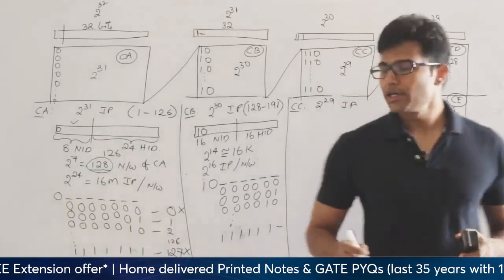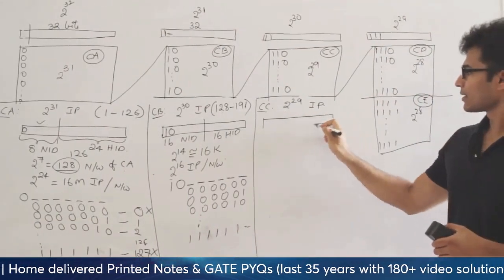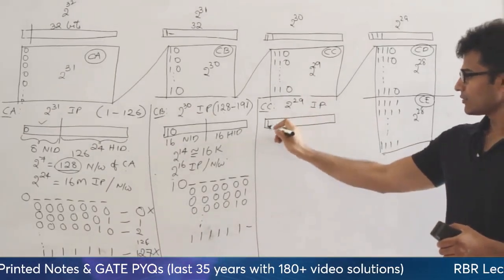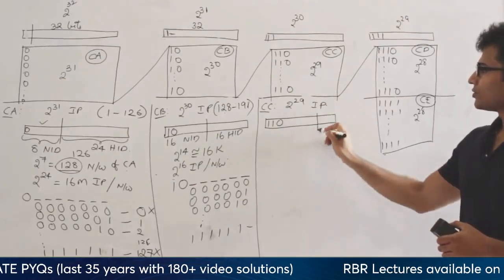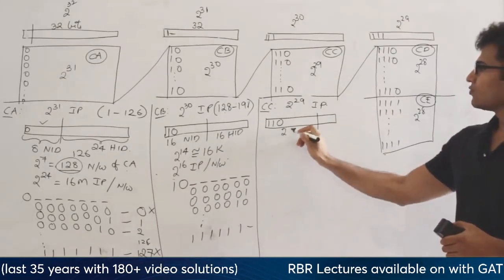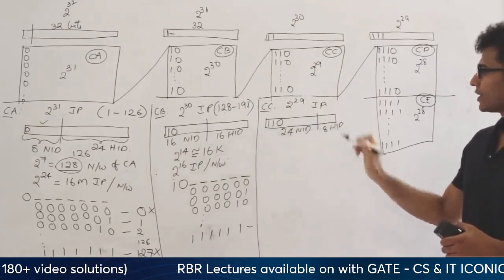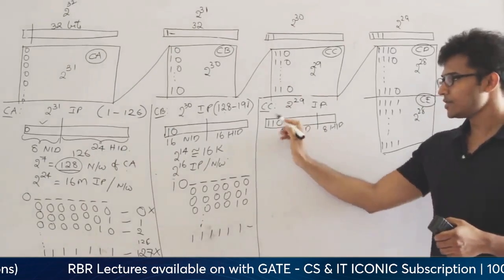So how did they do it? We have 32 bits, and in the 32 bits they start with 110. They divide it into 24 bits of network ID and 8 bits of host ID, right? So with 24 bits of network ID, already 3 bits are fixed.